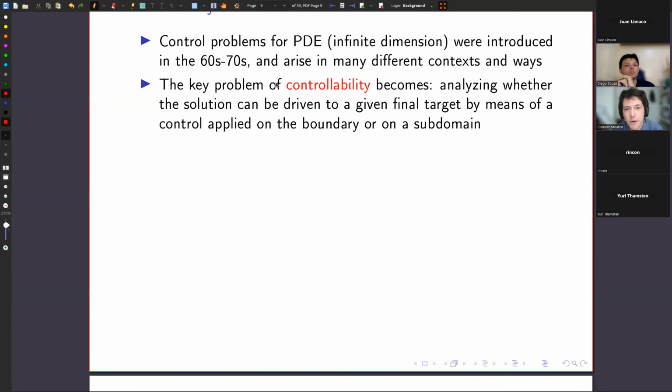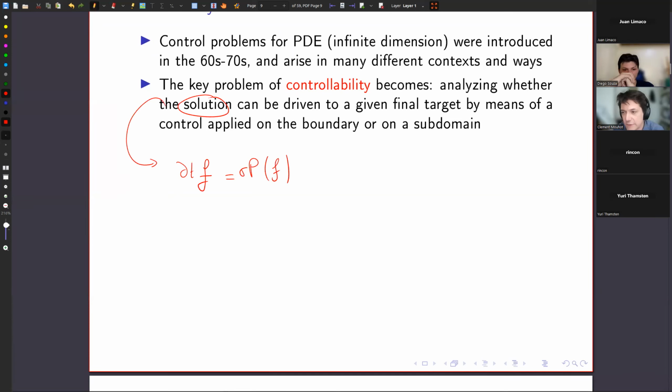So the key problem of controllability becomes analyzing whether the solution to a partial differential equation, right? So dt, I will call it f to insist that it's a function. And now you have a certain operator of f. And now you want to drive that. Maybe you have a control function here, or maybe you turn on and off the operator in some part of the domain.